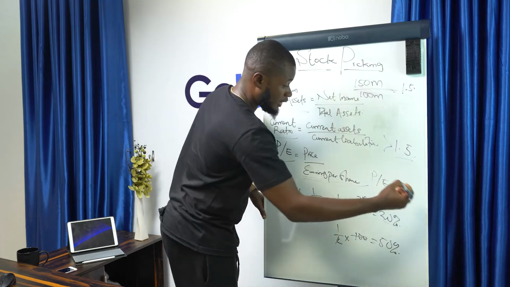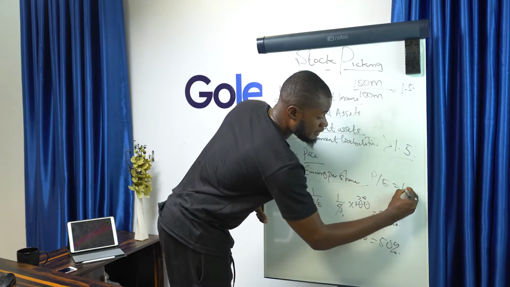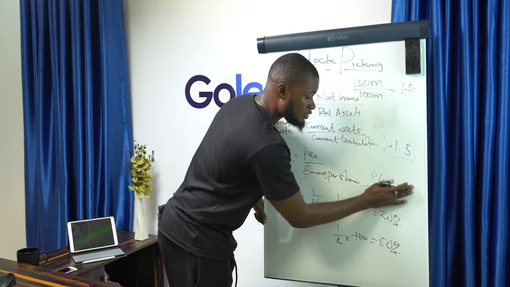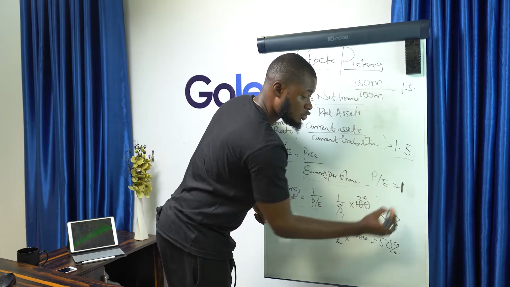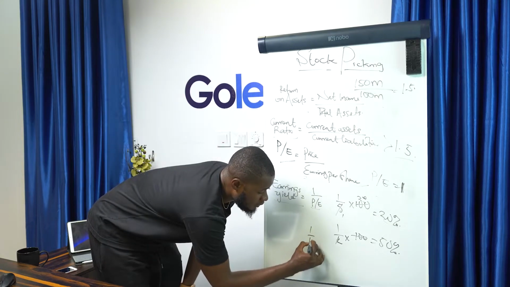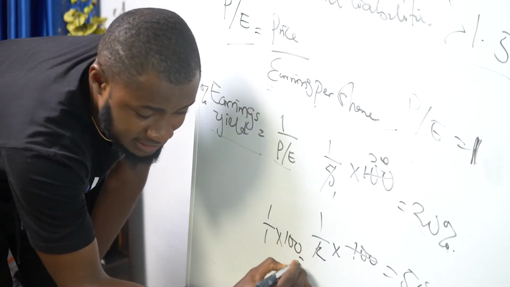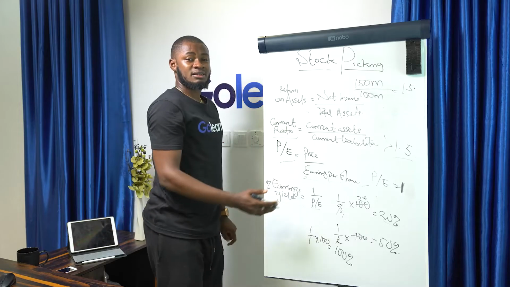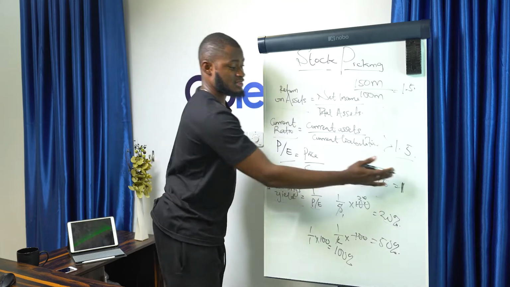There are companies having PE ratios of 1, 1.3. There are some companies having PE ratios of just 1. So if I do so, it means I'm getting 1/1 times 100, isn't it? 100%. Some are having below 1, 0.5.